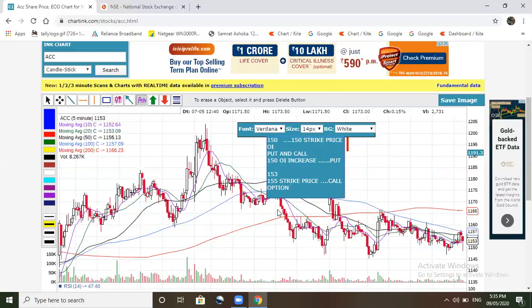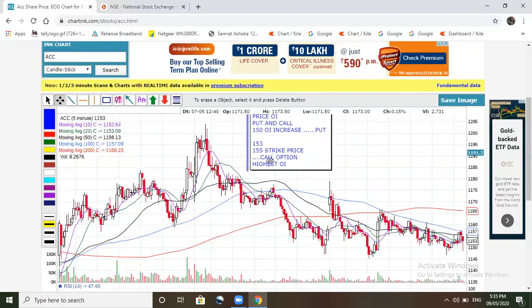Suppose here it is the highest OI, but you will not be sure whether the stock will cross 155 or not.